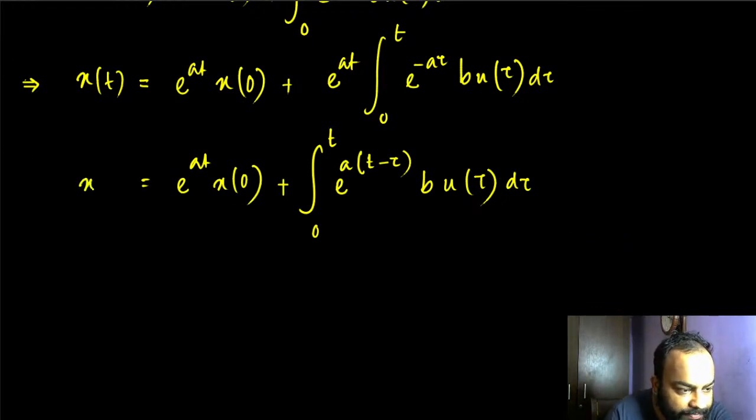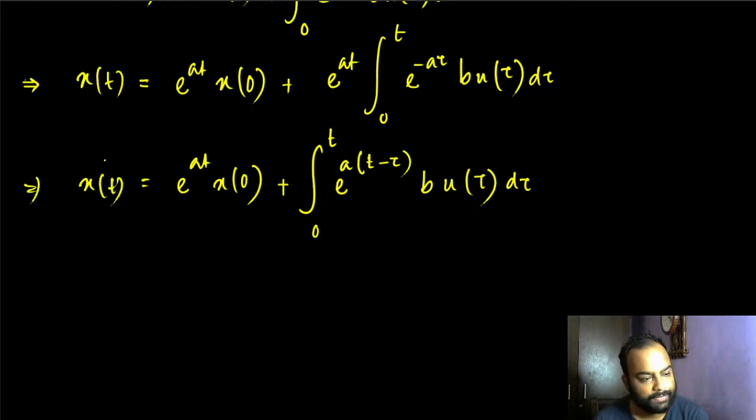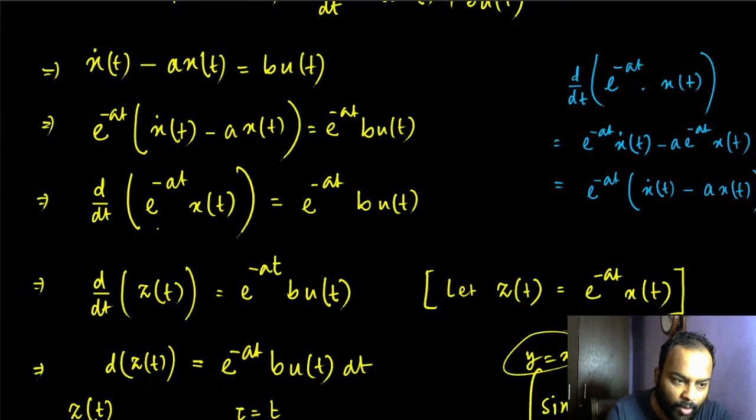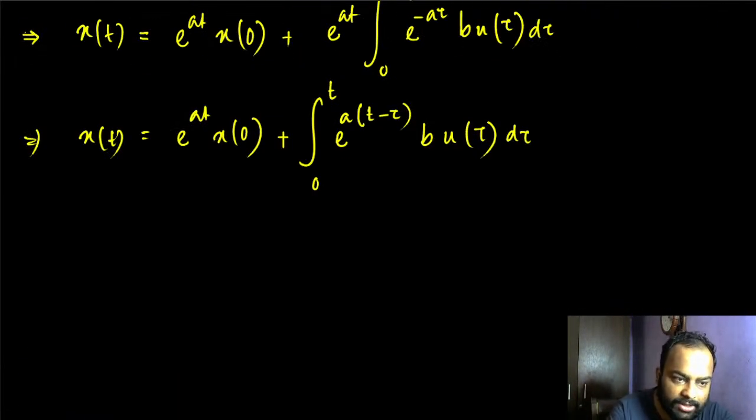That's xt. So this is the solution of the state equation. This is the solution of the state equation because we have finally solved the state equation, right? But we are not there yet because we want to find out the output of the system. So this is the solution of the state equation. If somebody asks you to find out the solution of the state equation, that is the final result.